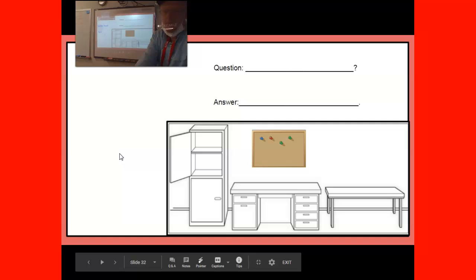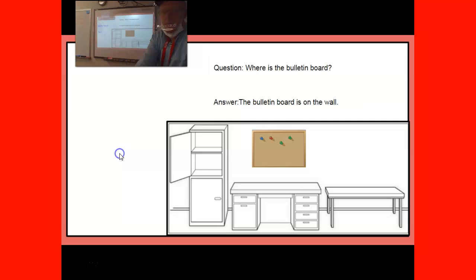All right, I'm going to throw the answers up here, and you can compare what you wrote with the answer. Where is the bulletin board? The bulletin board is on the wall. Yeah, so this is a wall.